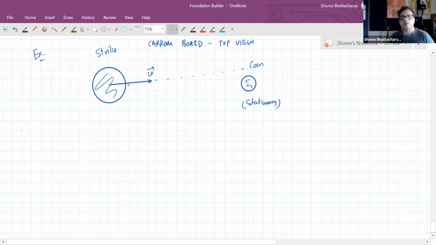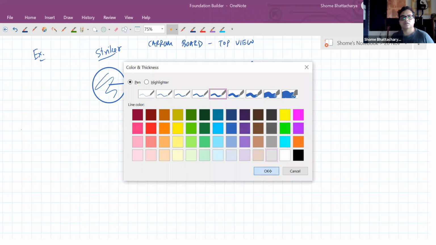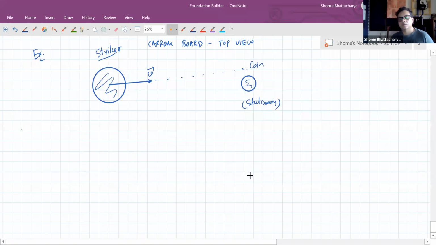Okay? So after some time, when the striker comes in contact with the coin, the situation will be something like this. And the striker would have moved along this kind of line, so it would have, say, come somewhere here, because we had set it on a path like this from its initial position, which might have been here.